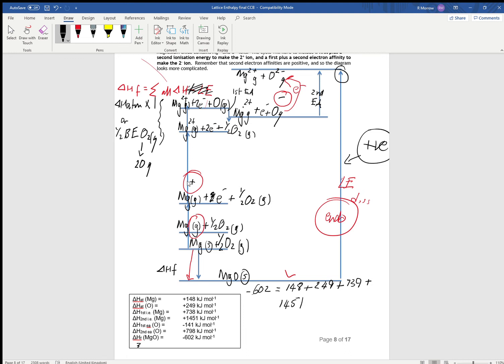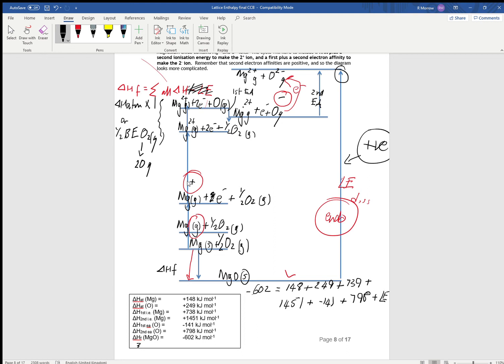First electron affinity of oxygen is -141, so plus -141, and the second electron affinity is endothermic, plus the lattice enthalpy, equals that.